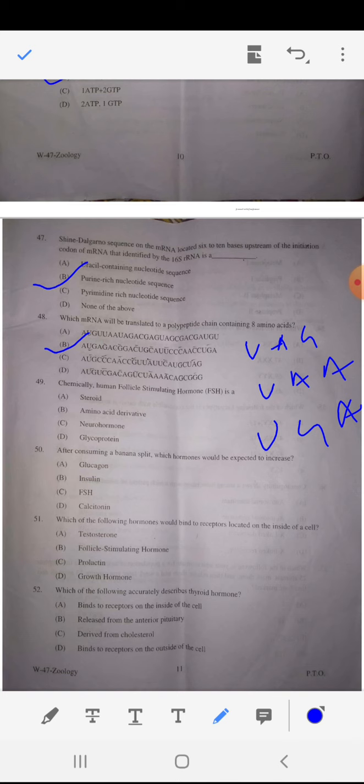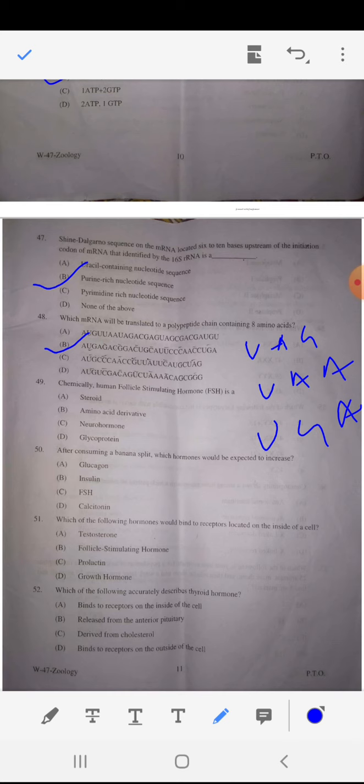So in B, you see here AUG is the start codon, AUG 1 amino acid, then AGA 2, then CGG 3, then ACU 4, GCA 5th, UUC 6th, CCA 7th, and ACC is the 8th amino acid, and the last one is UGA, this stop codon where the synthesis of protein stops. So option B is the correct answer, where the polypeptide chain contains 8 amino acids.